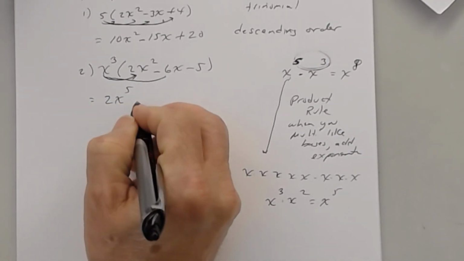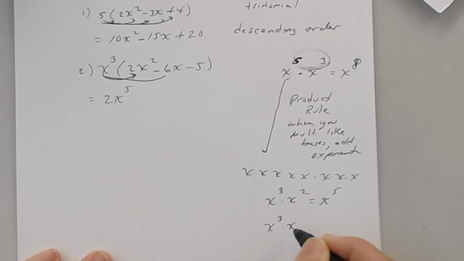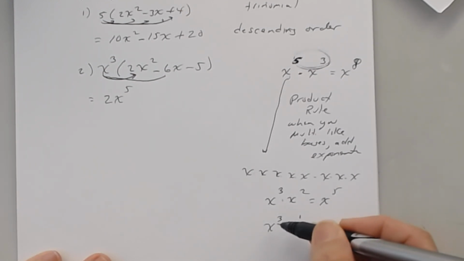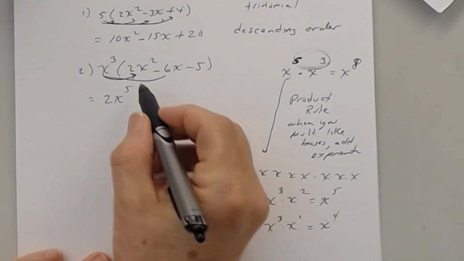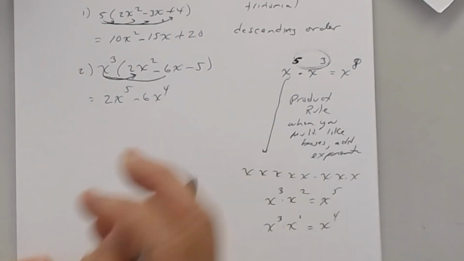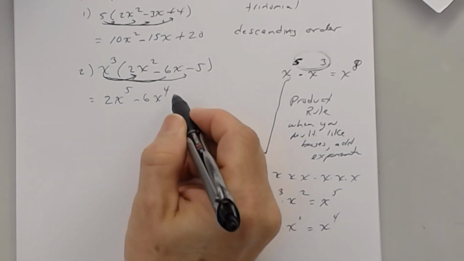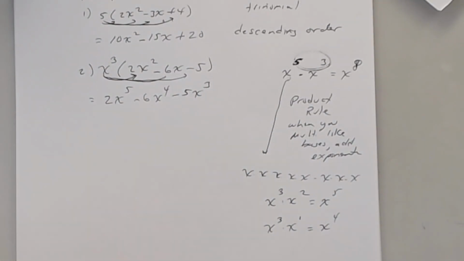Negative 6x to the 4th. Because remember, x cubed times x, if there's no exponent, it's understood to be a 1. So 3 plus 1 is 4. So that'll be minus 6x to the 4th. And then what is x cubed times a negative 5? Negative 5x cubed. And that's all you can do.